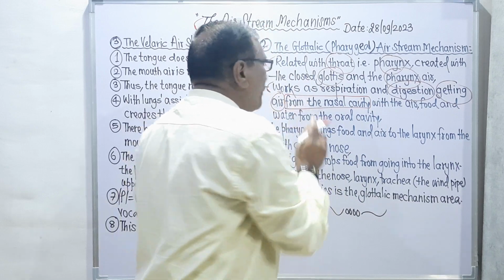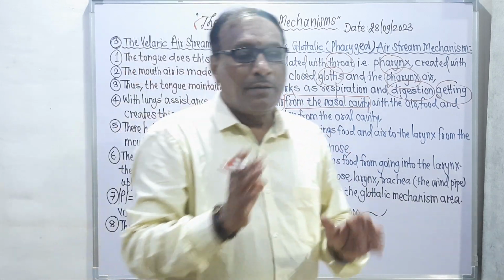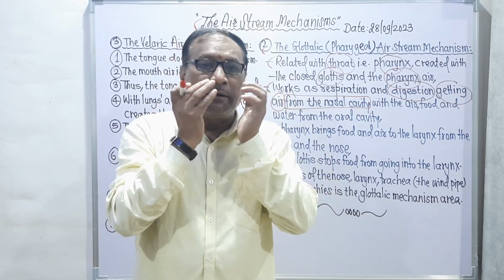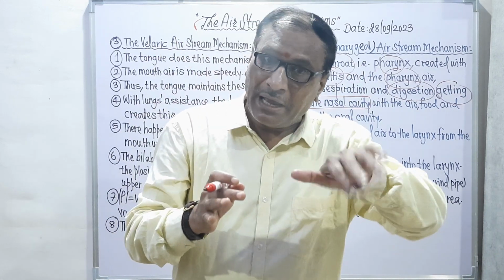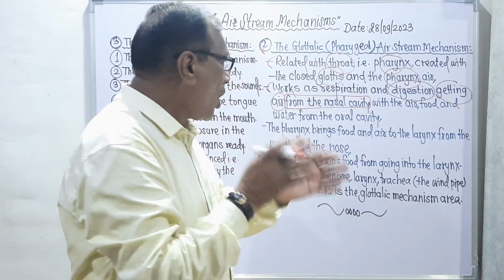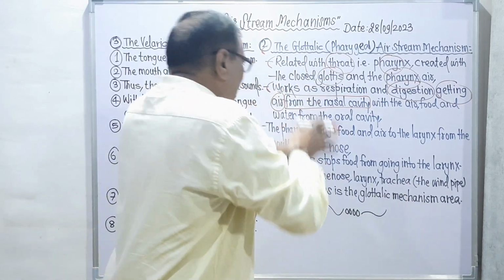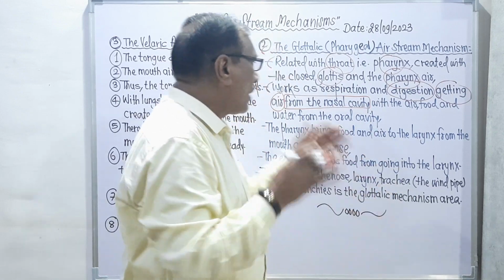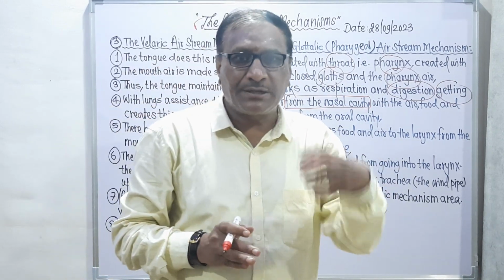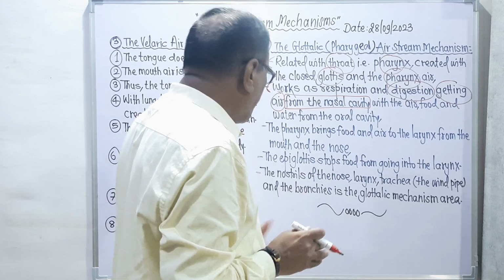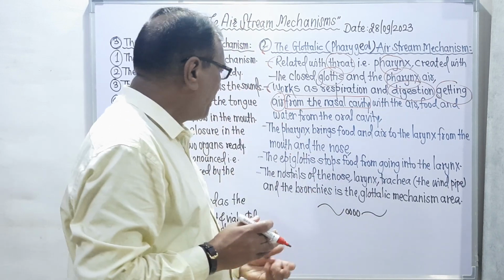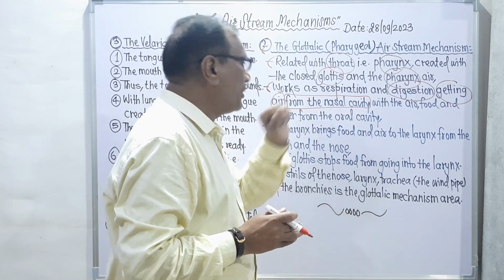Remember, from the nasal cavity means, you know, this is our nose and there is the nasal cavity inside the nose, and from that nasal cavity this digestion system, or I will say respiratory method, is created, and the main center of it is the nasal cavity.